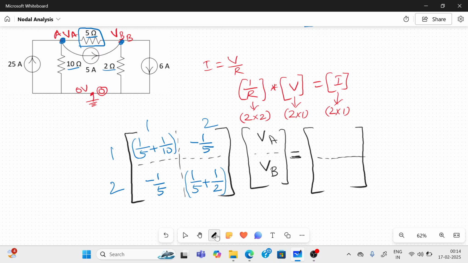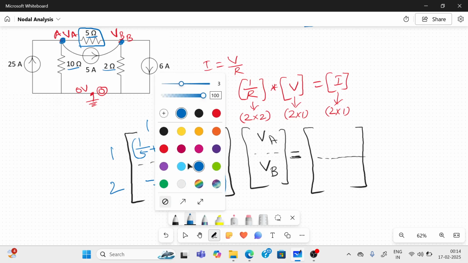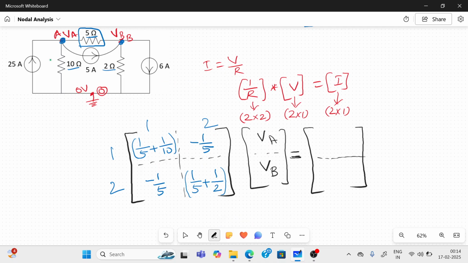So what about the right hand side? On the right hand side you want to put the current values. What is the current value? As per node 1, the current is entering means plus. So here the 25 amps is entering, so plus 25. Then there is another current source connected with node A, that is 5 amps.